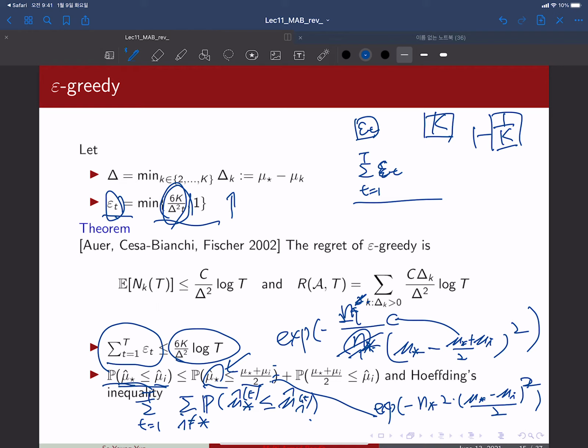So this one will be very small because n star is usually very high. But in this case, n star may only depend on epsilon t, the sum of epsilon t, which is upper bounded by this. So the sum of epsilon t controls the number of explorations of suboptimal arms. So when this one is small, then the n i part for this concentration inequality is also very small. So we cannot make a very nice concentration inequality. This probability can be very high.